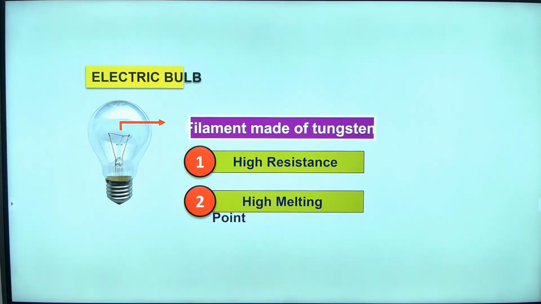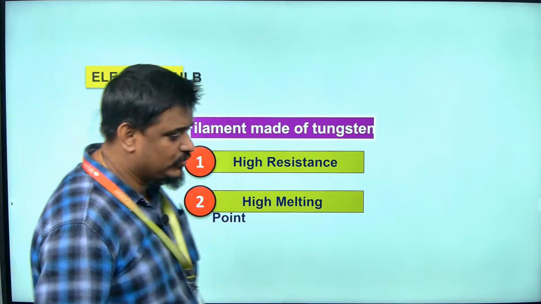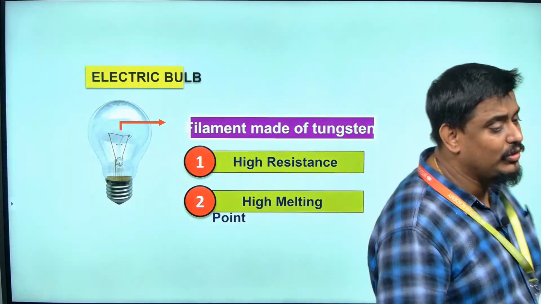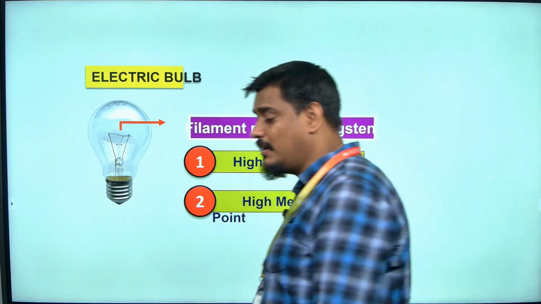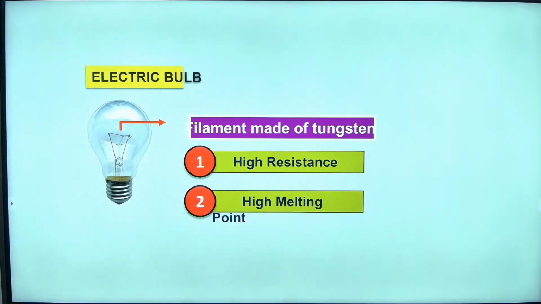The tungsten of the bulb should have high resistance and high melting point. Why high resistance? Because only if it has high resistance, it will heat the wire. And why high melting point? Only if it has a high melting point, it will not melt down and break the circuit. So for the bulb, we are using a high resistance and high melting point material, which is tungsten.